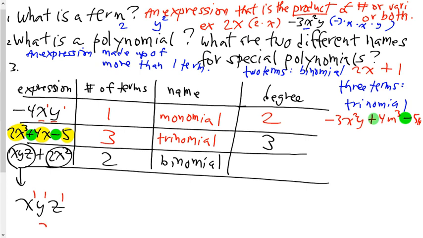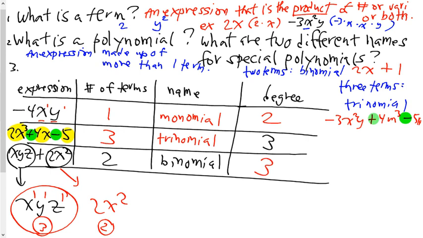So therefore, this term has a degree of 3. This term only has one variable, the x, but its exponent is 2. So it has a degree of 2. And therefore, the highest degree term is the first one in our binomial. And therefore, we measure the degree of the entire binomial by the highest degreed term.